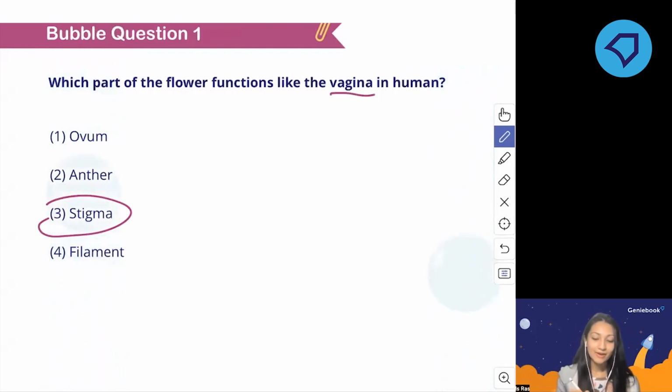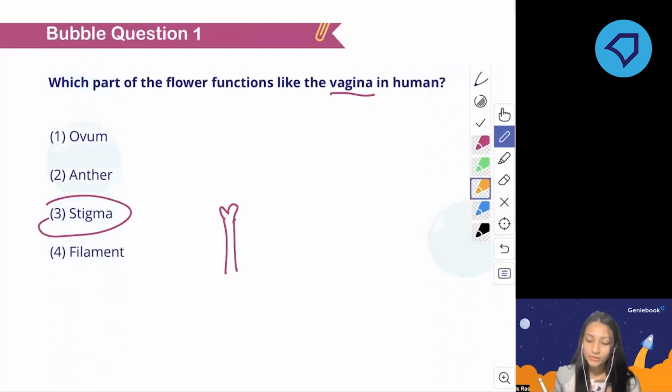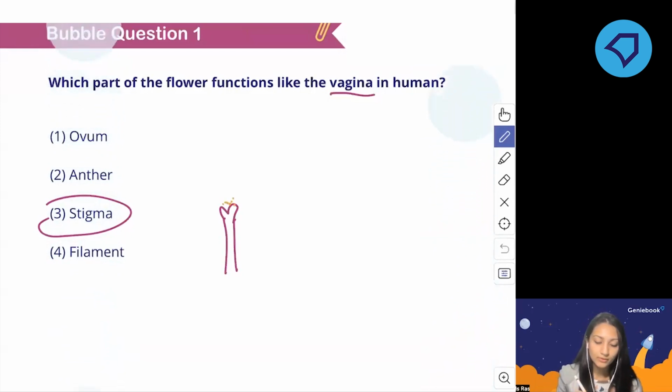So that's why they have a similar function. Similar, but not exactly the same. So it is the stigma. The stigma is the top part here, and the pollen grain will fall onto it. This is the pollen grain. And the same goes for the vagina.